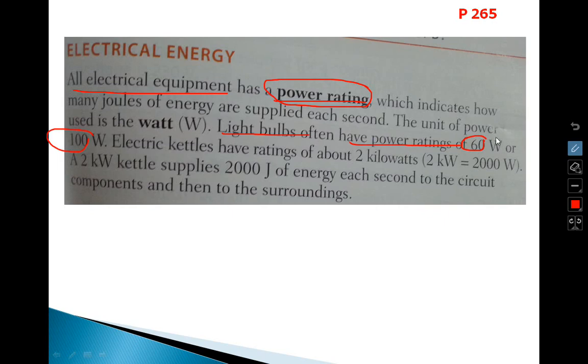This is the normal one, and it's up to 500 watt sometimes.